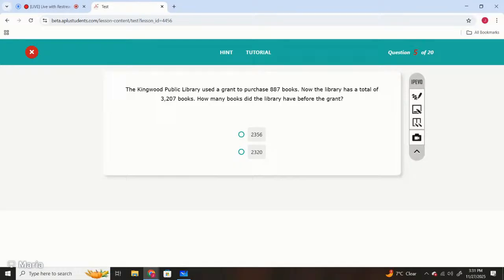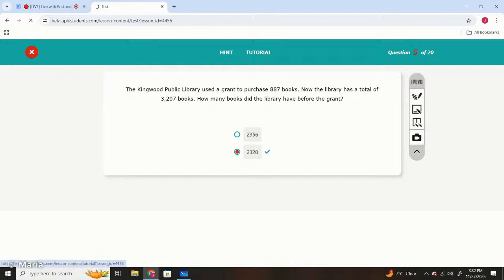So, which is the correct option? That is 2320. Option number 2 is the correct option.